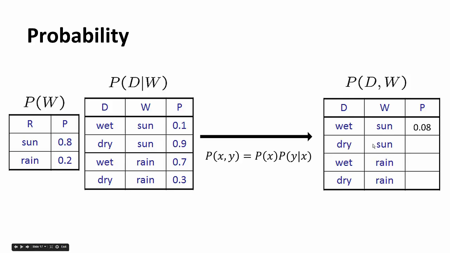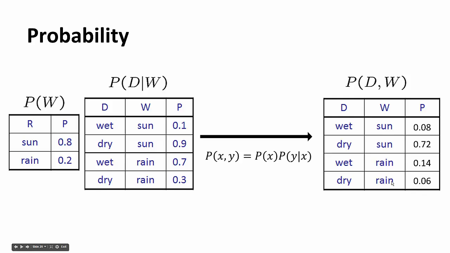For dry and sun, we have the probability of sun times the probability of dry given sun, which is 0.8 times 0.9, or 0.72. For wet and rain, we get the probability of rain times the probability of wet given rain, which is 0.14. And for dry and rain, we multiply the probability of rain times the probability of dry given rain, which is 0.06.